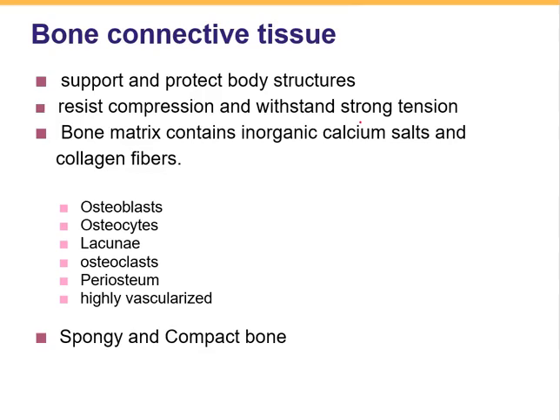The inorganic substances like calcium salts give hardness to our bone, and organic substances like collagen fibers give strength to our bone. That's the reason our bone is so strong and also so hard. There is no water in its extracellular matrix.